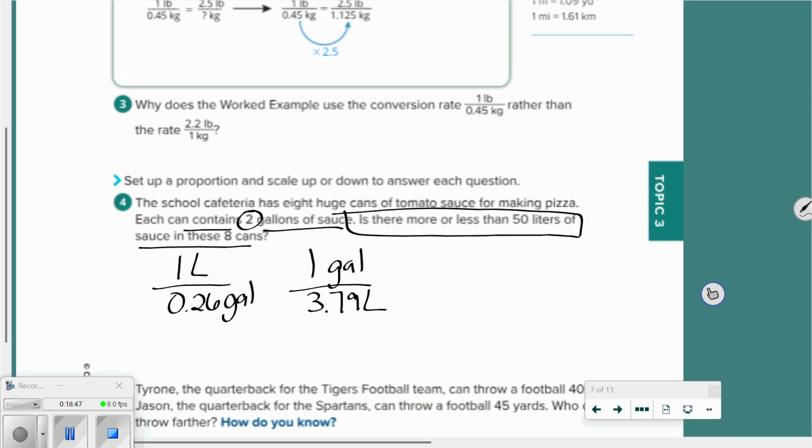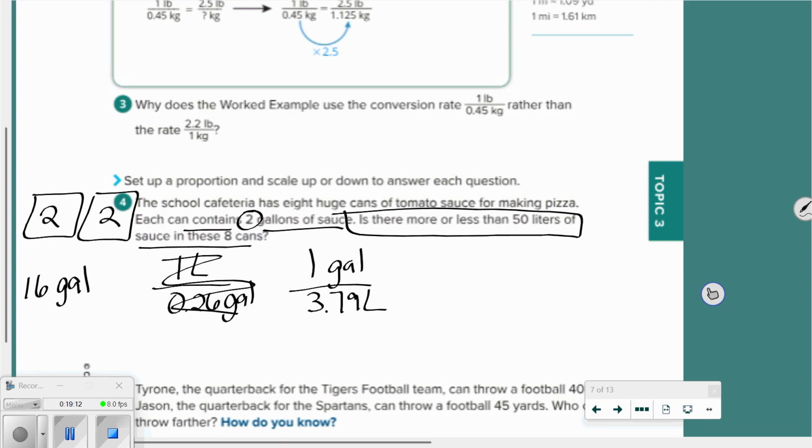If each can, so we have 1 can, that's 2 gallons. We have another can, that's 2 gallons. We have 8 of them. How many gallons is that in all? 16 gallons. So we need the conversion that will get us to 16 gallons evenly and easily. Are we going to use the 26 hundredths or are we going to use 1? 1.